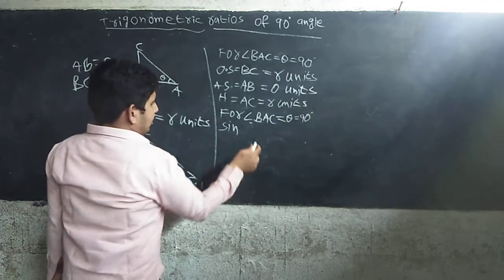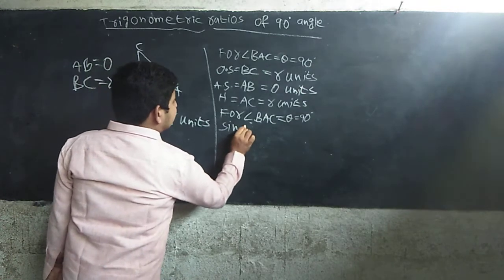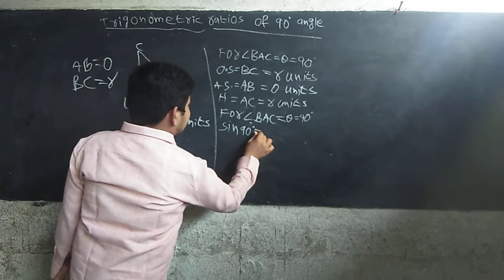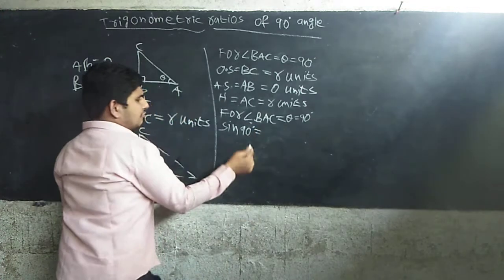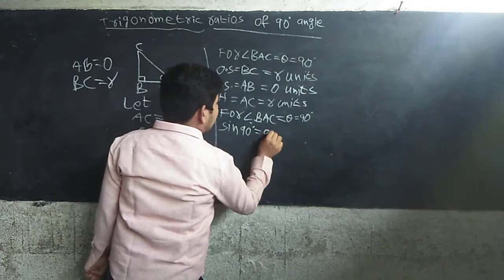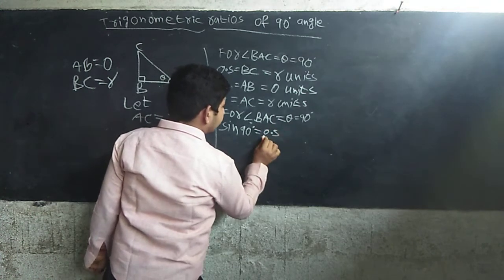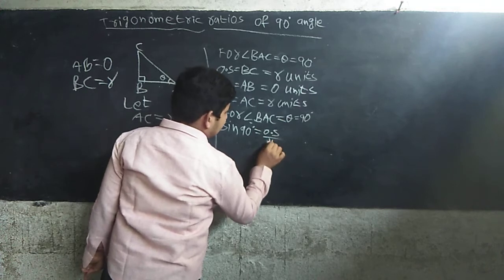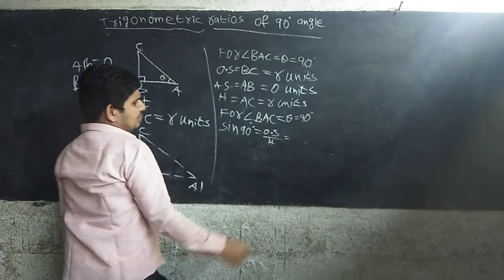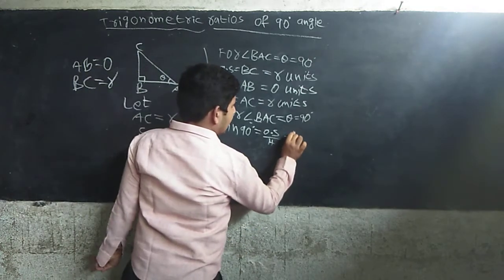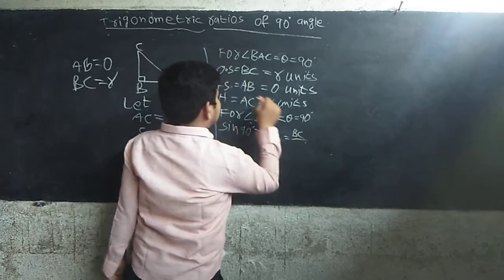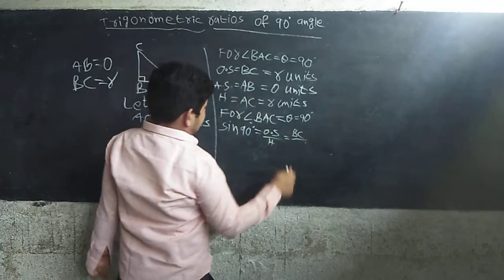Now sin 90 degrees equal to opposite side by hypotenuse. Opposite side equal to BC, hypotenuse equal to AC.